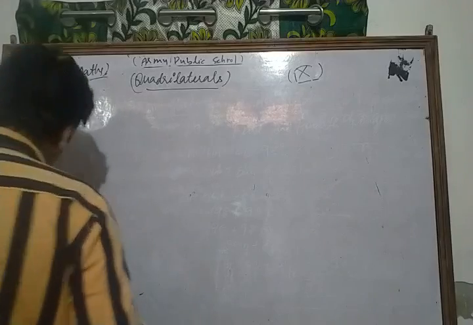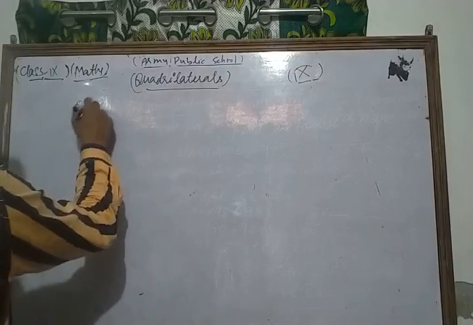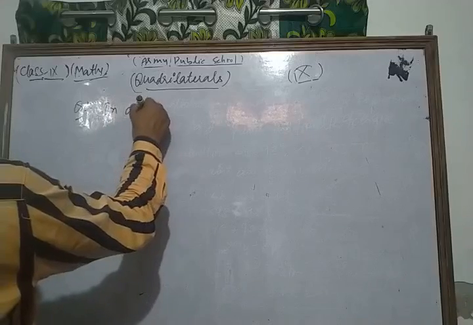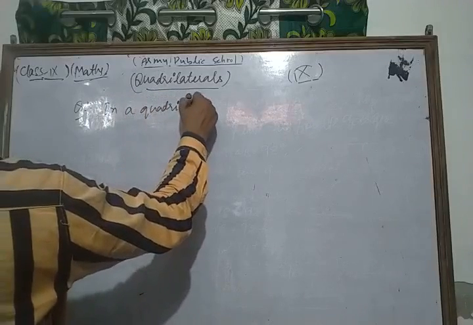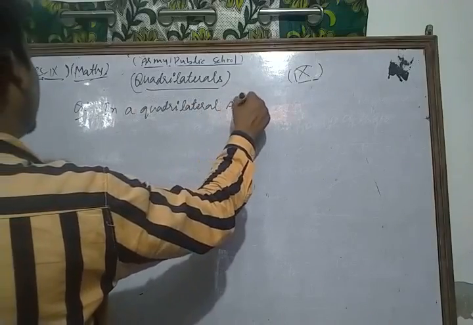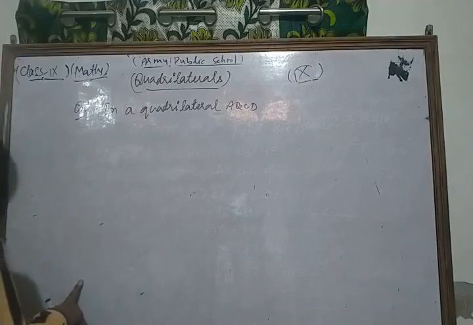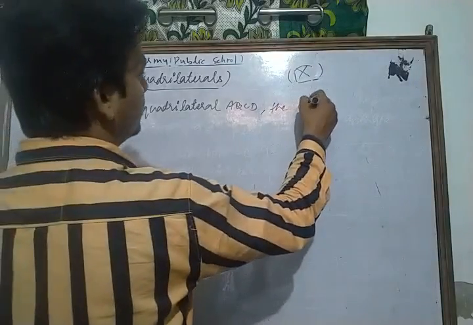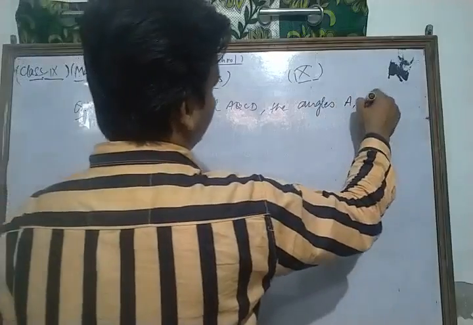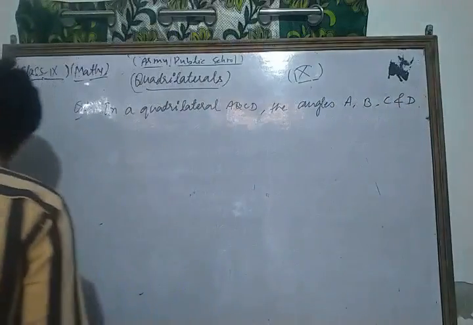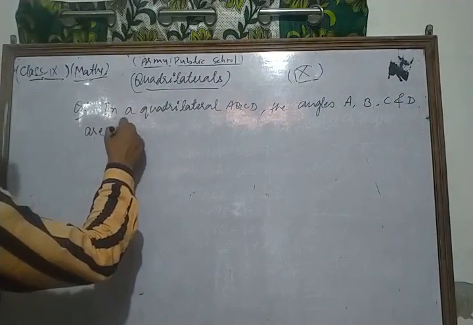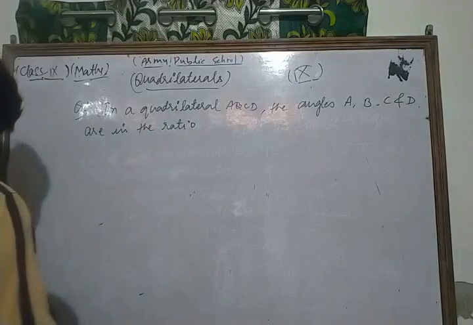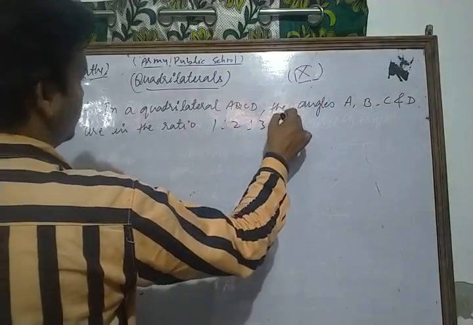And the question is, in a quadrilateral ABCD, the angles A, B, C and D are in the ratio 1:2:3:4.